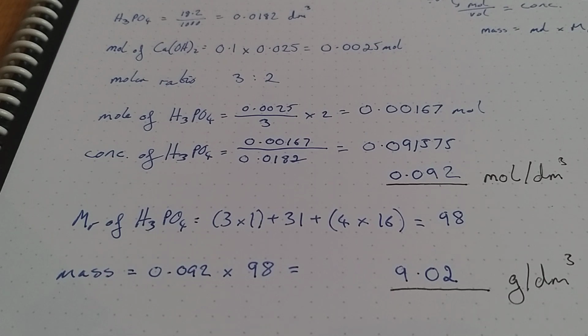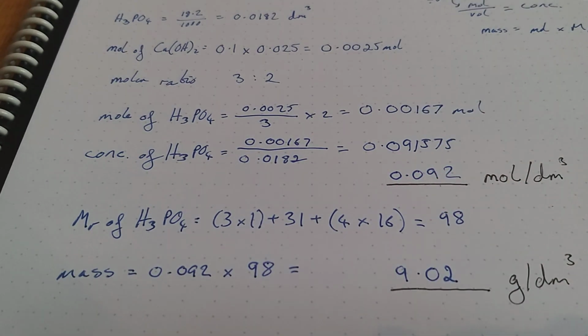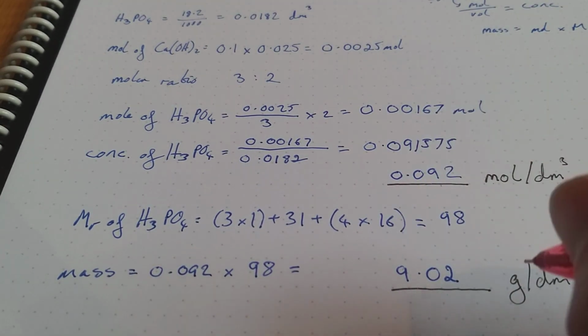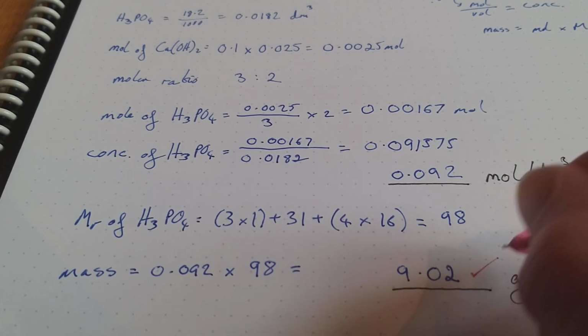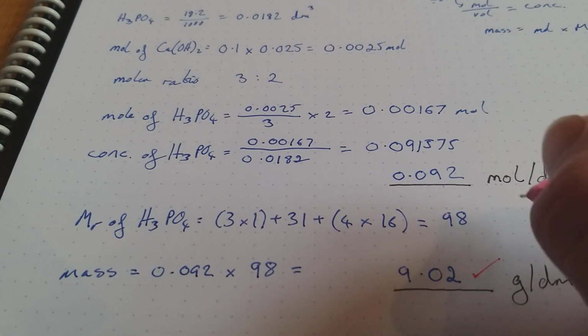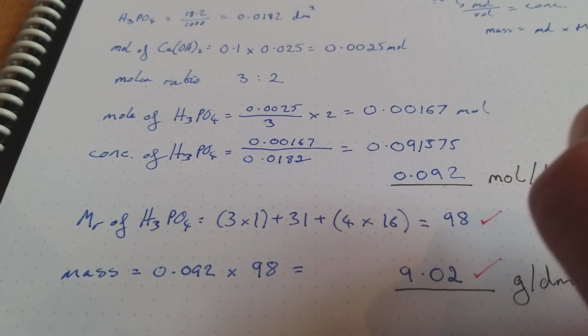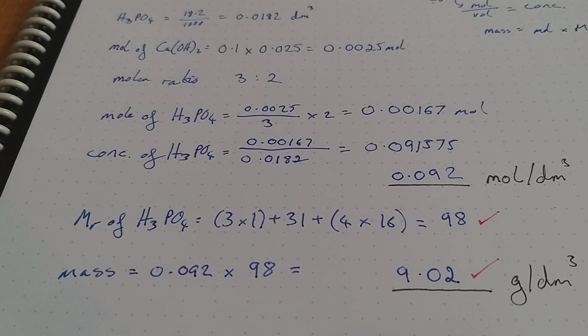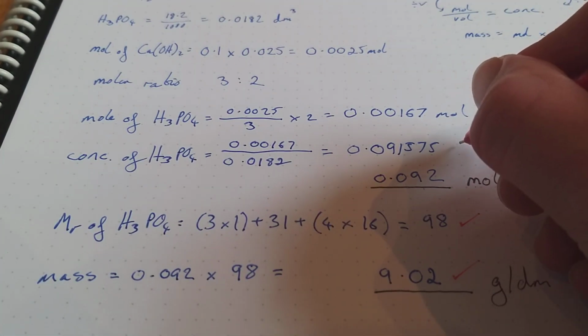So let's just have a little look to see where those 6 marks we think might come from. Okay. So I'm going to work backwards this time. So you'd get 1 mark for getting the correct grams per dm cubed. You would get 1 mark for calculating the correct relative formula mass of phosphoric acid. You would get 1 mark for doing the concentration calculation of the acid.